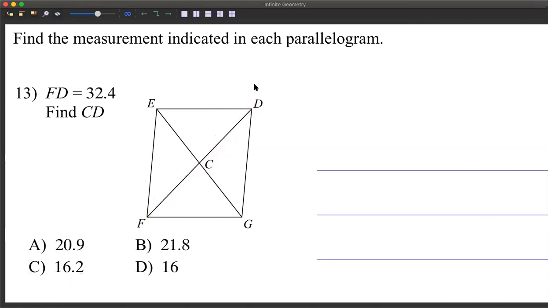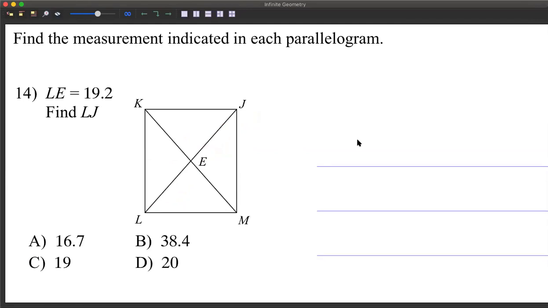So let's try the next one. Be careful now. This one's giving you LE, which is only this part. So this part is 19.2. LE right there is 19.2. And I'm trying to find LJ, so be careful. LJ is the whole thing.